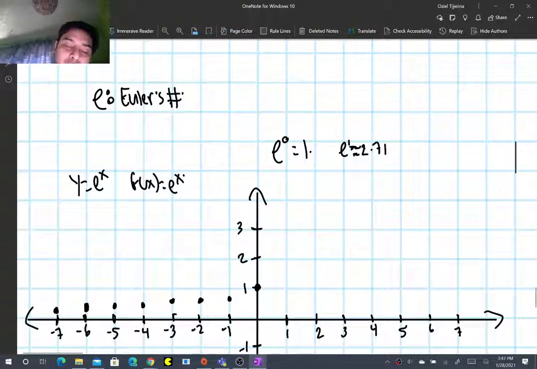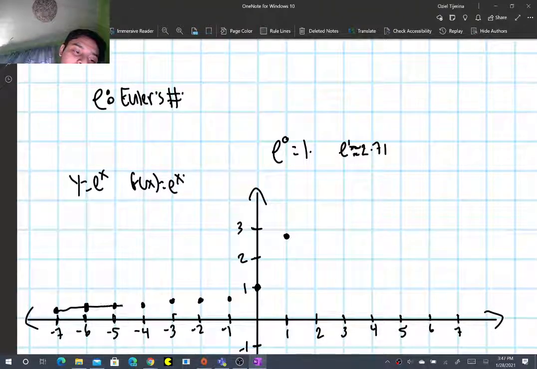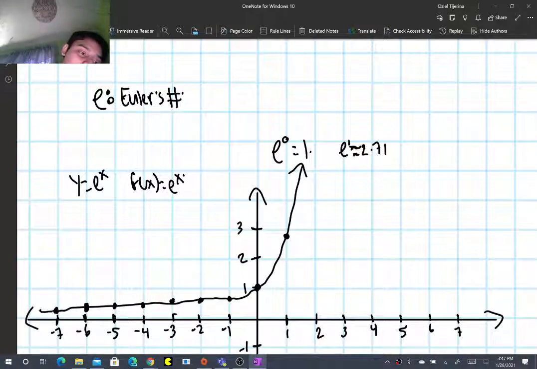And so if we go over here, we can see that as we go higher and higher, at first you don't really see it growing, but then as you go further and further in your x, you see that it grows a ton, and it grows exponentially, okay?